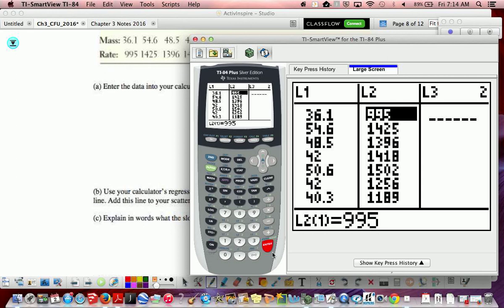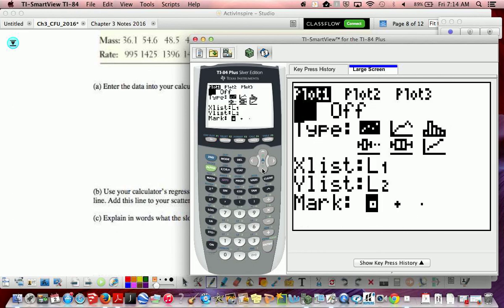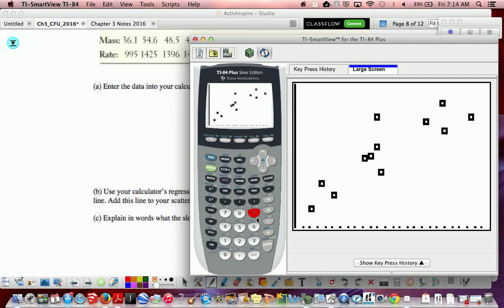So it asks you to make a scatter plot. So second y equals, I'm going to turn on my plot, list 1, list 2, zoom 9. So I get a pretty decent picture of my graph.